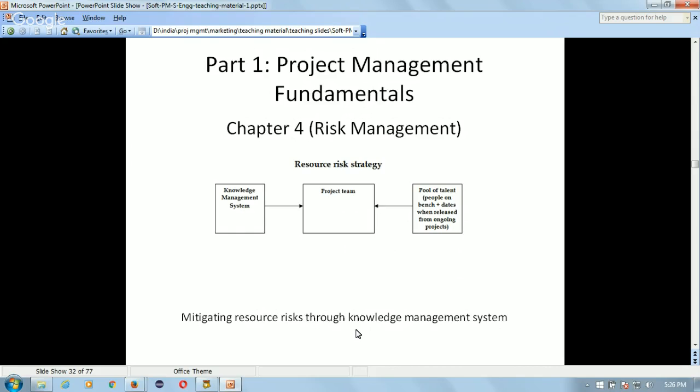If the HR team has a good knowledge management system, they can find people who are idle, or who can be transferred to this project with the matching skills, so that the project work will not get affected.